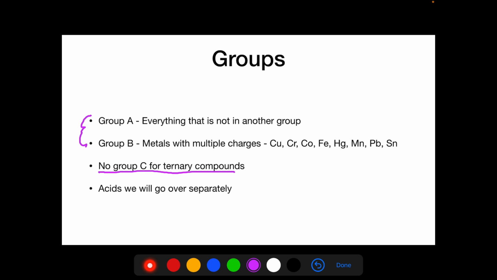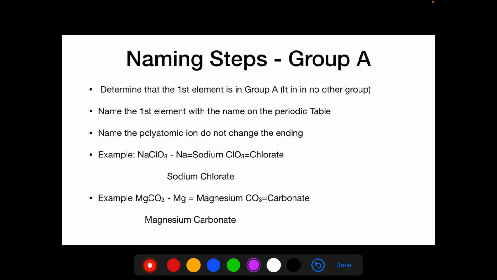Group B are the metals with multiple charges: copper, chromium, cobalt, iron, mercury, manganese, lead, and tin. So our steps for naming these are very similar to the binary compounds. We name the first element, and then we name the polyatomic ion. We do not change the ending on a polyatomic ion. We just write it down as it is.